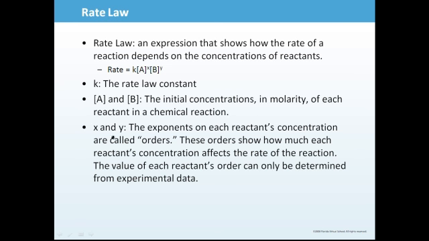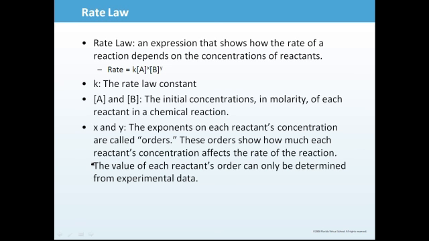Now, x and y, those exponents, are called orders. Orders simply show us how each reactant's concentration affects the reaction rate. In other words, if the concentration is doubled, how does that affect the reaction rate?